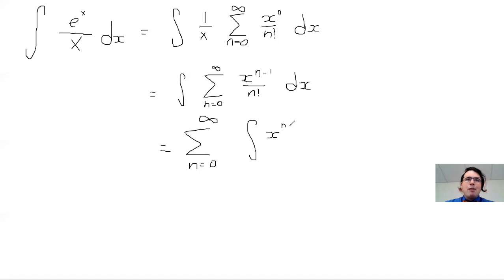Now, the problem here is that there is one, and only one, exception to the power rule formula. If I try to integrate x to the power -1, I do not add 1 and divide by the new exponent, because then I would get x to the power 0 divided by 0, and that just doesn't work.